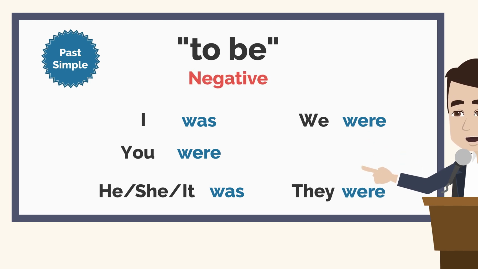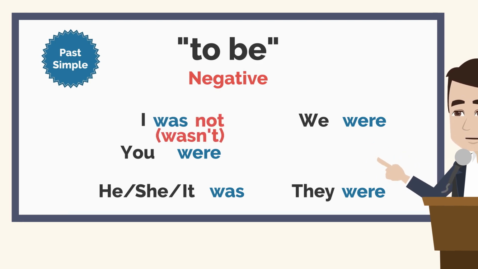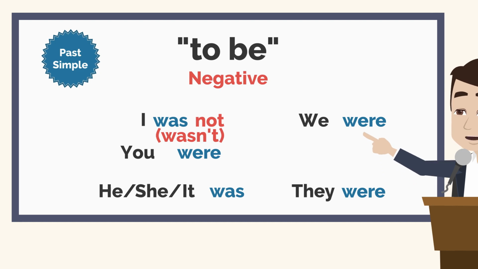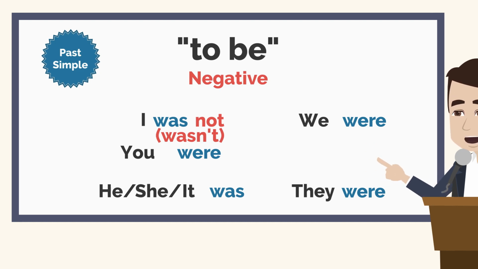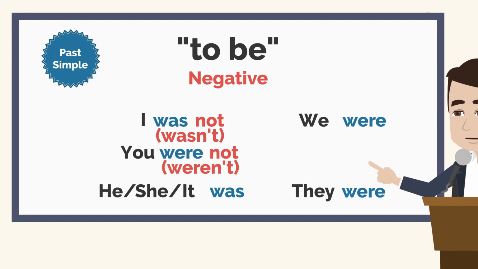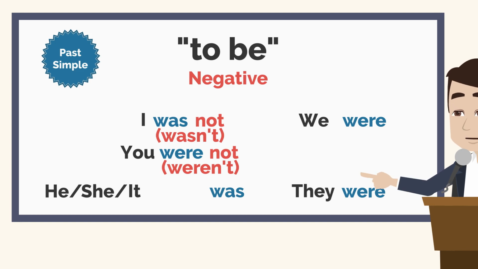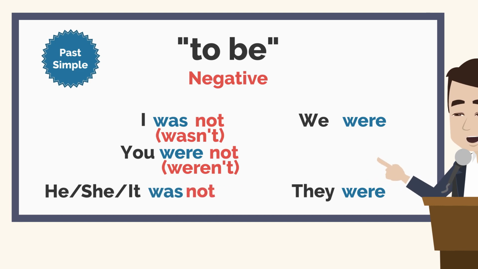The negative conjugation is I was not or wasn't if you want to use a contraction. You were not or weren't. He, she, it was not or wasn't.